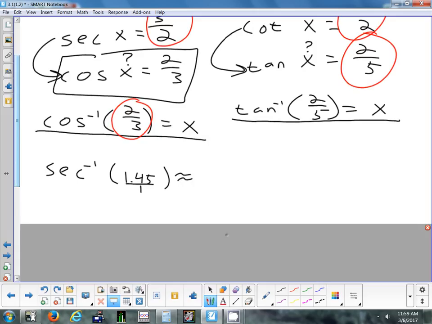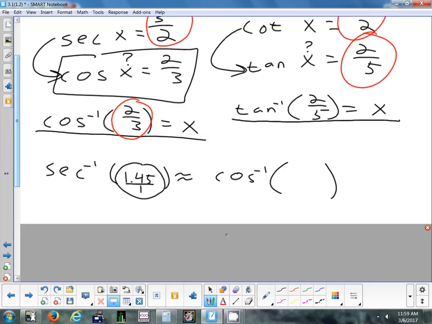Okay. So instead of using inverse secant, what function am I going to use that's similar to it? And we just did it up above. Because I don't have a button for inverse secant. I do have a button for inverse cosine. So I'm going to use inverse cosine. But I can't just type this number in the way I see it. What do I have to do with this number?